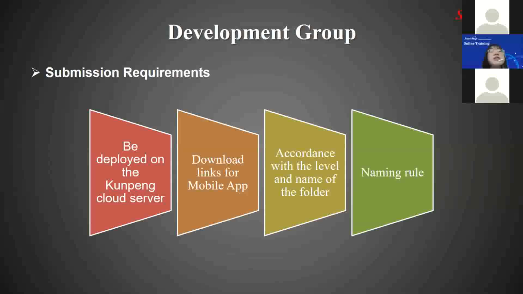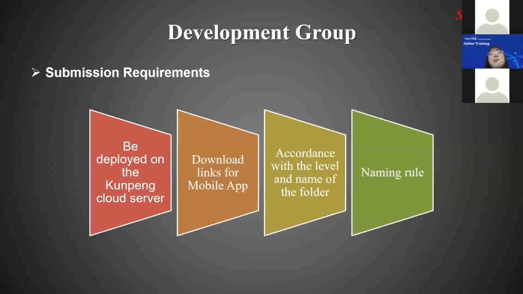And here are some different requirements for submissions. So your submission should be deployed on Kunpeng Cloud Server. It's a Huawei server, and we will provide the server for your deployment. So you have to confirm that your work can work correctly in the server.